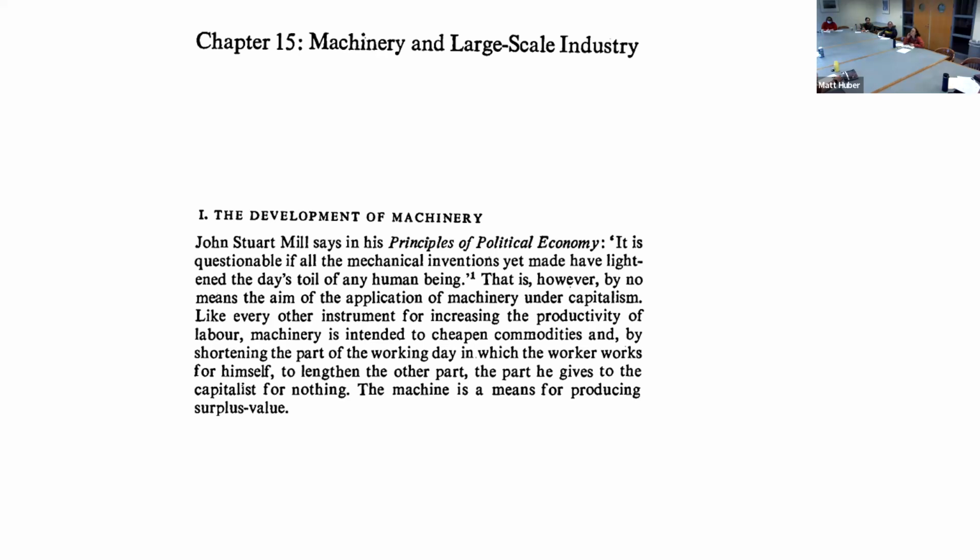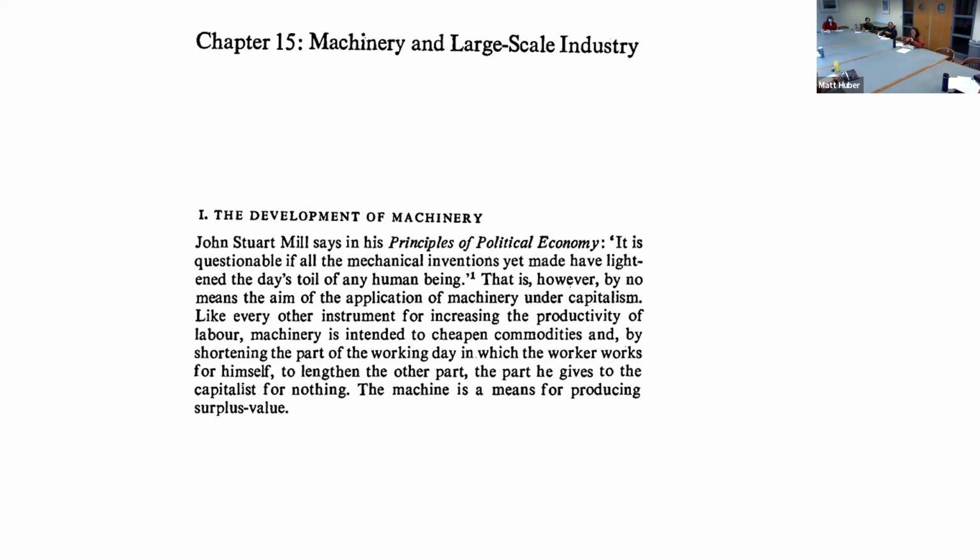But then he says the more express, conscious subdivision of labor, what's called the division of labor in manufacture, is a more streamlined way of improving labor productivity.